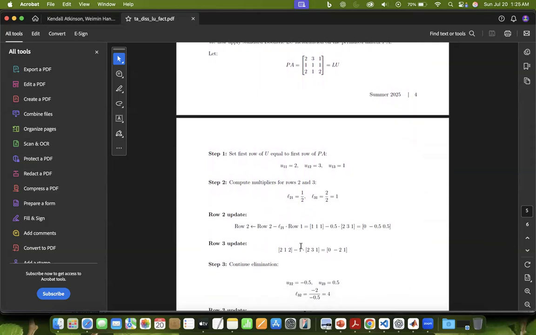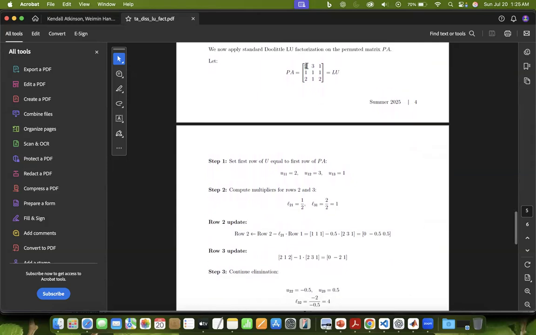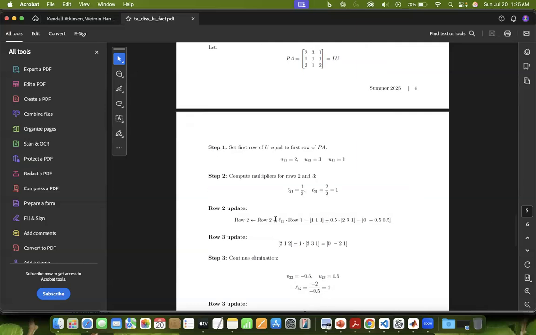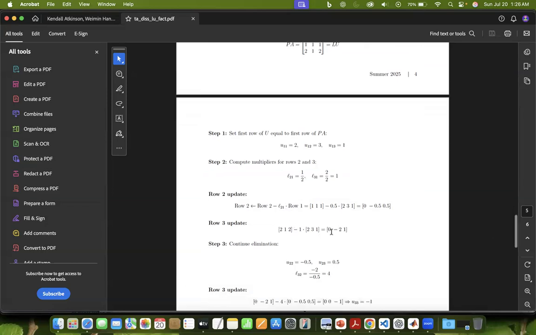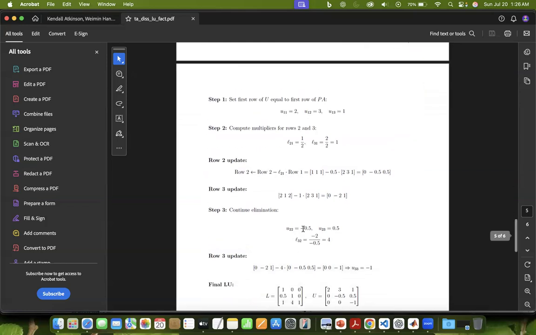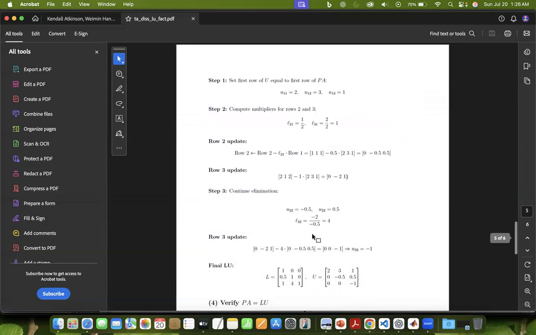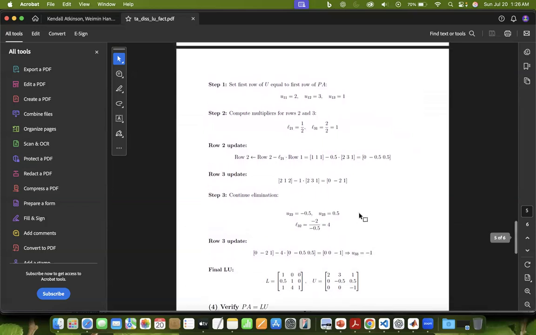We are still using this as the pivot. So you are doing two operations: row 2 equals row 2 minus L21 times row 1, and row 3 equals row 3 minus L31 times row 1. If you do those two operations, the first one will give you this, the second one will give you this. These two you should keep in mind so far.